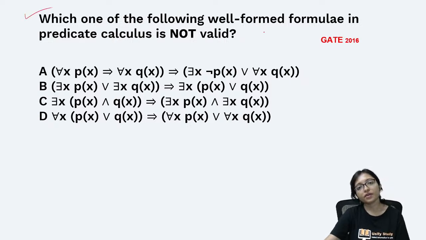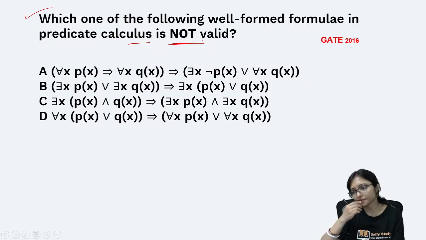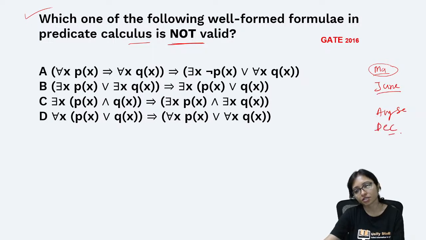Which one of the well-formed formulas in predicate calculus is not valid? Normally PhD entrance forms also come in the month of March and in the month of August or September, because that is also the same, June session and December session.